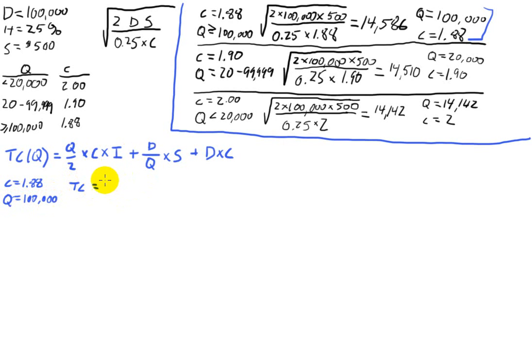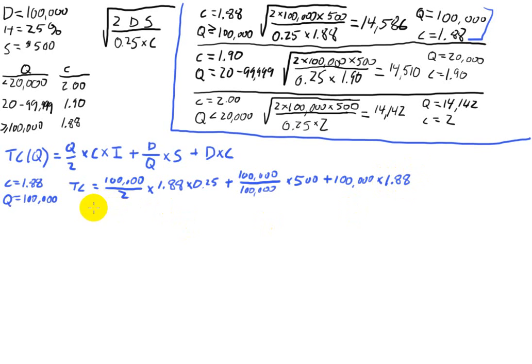So we start out with Q divided by 2, so that is 100,000 divided by 2 times the cost per unit, which is $1.88, times the holding cost, which is 25%, plus the ordering portion here, which is annual demand, 100,000 for all these calculations, divided by the order size, which is 100,000, times the cost per order, which is $500, plus then we have the 100,000 units we're going to buy per year at the cost of $1.88.